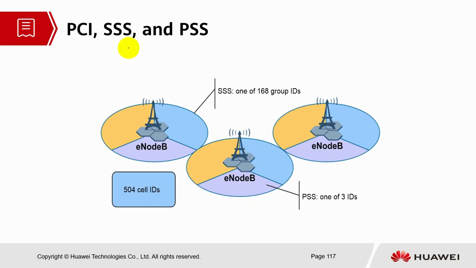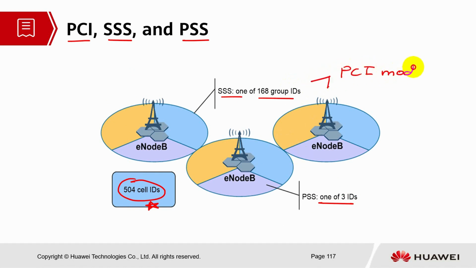This is an example of PCI, secondary synchronization signal and primary synchronization signal. We have 504 cell IDs that can be used, as PSS will be one of the 3 IDs and SSS is one of the 168 group IDs. When combined, both become the PCI.